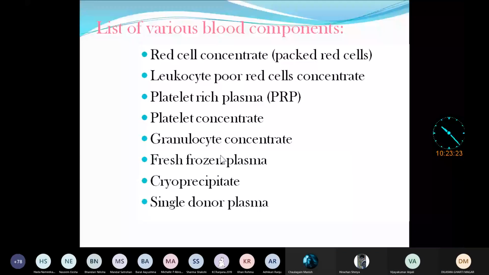Thawing means whenever something solid like ice thaws or melts, it becomes water, isn't it? So here also, whenever the fresh frozen plasma is thawed, it has some particles on the surface, and those particles are known as the cryoprecipitate.